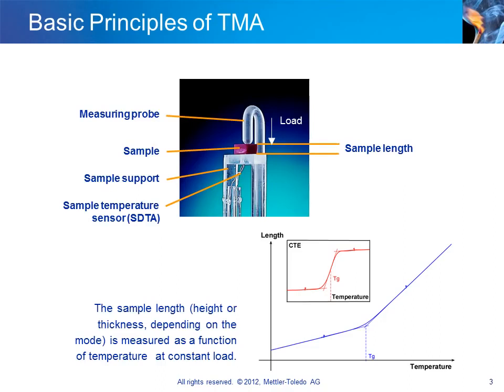When the glass transition temperature, Tg, is reached, there is a significant increase in the rate of expansion and slope of the curve. The Tg is evaluated as the point of intersection of the extrapolated slopes. The curve of the instantaneous CTE is calculated from the length curve. The step corresponds to the glass transition.